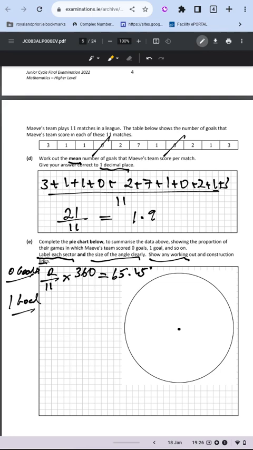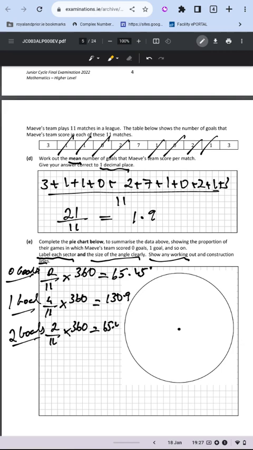For 1 goal, 1, 2, 3, 4. It's going to be double that previous answer. 4 out of 11 times 360, 130.9. 2 goals, 1, 2.